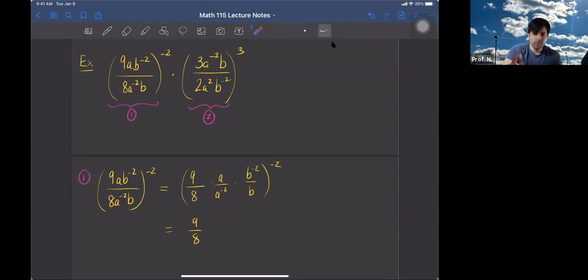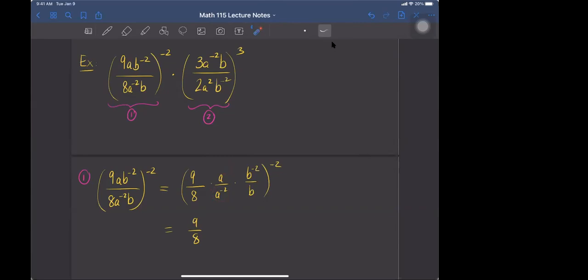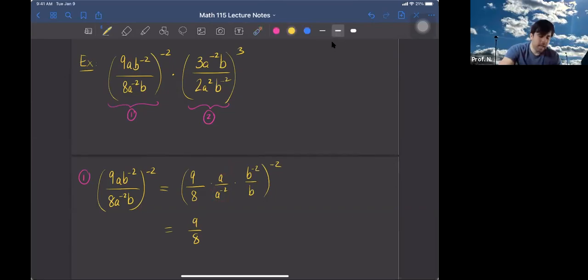Don't get confused with saying that if I want to make this positive, I switch the entire fraction. No. You only switch the entire fraction when both of them are negative. So you would do a over a to the second over 1 times a.